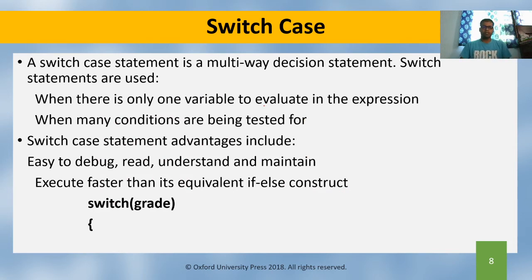Now we go to switch case. A switch case statement is a multi-way decision statement. So with switch case, that means there will be multiple options, and based on our choices, the particular portion of the program will be executed.